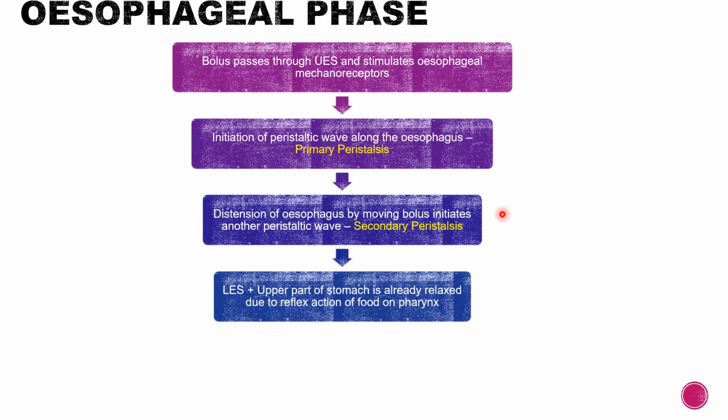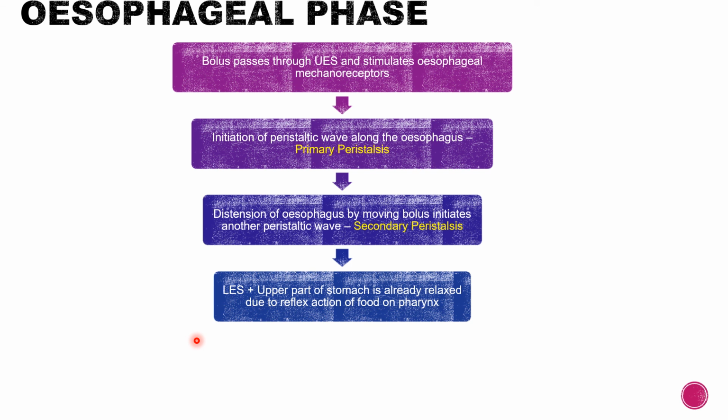And the food reaches the lower esophageal sphincter. Okay. Due to the deglutition reflex, which is initiated by activation of the pharyngeal touch receptors, the lower esophageal sphincter and the upper part of the stomach are already relaxed. Okay.